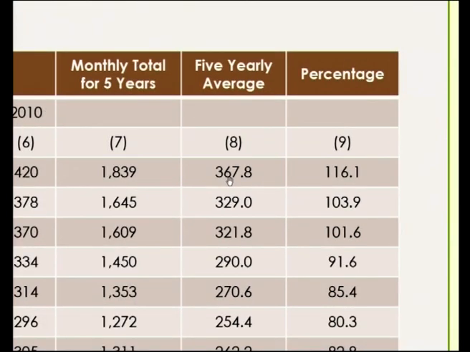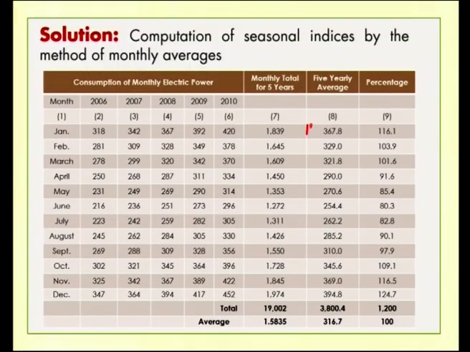If you want to take the average, that total has to be divided by the 5 years. So the 5 yearly average is 1839 divided by 5, which gives 367.8. Okay. Just hold the value of 116.1; how it is calculated, let me tell you next.